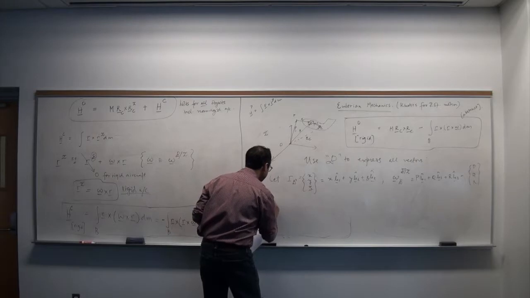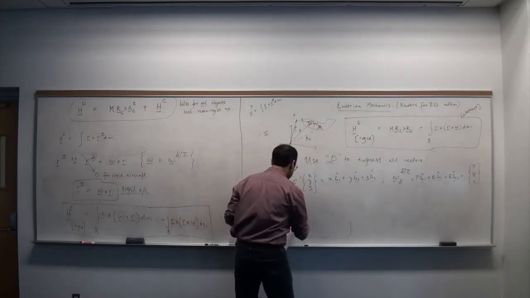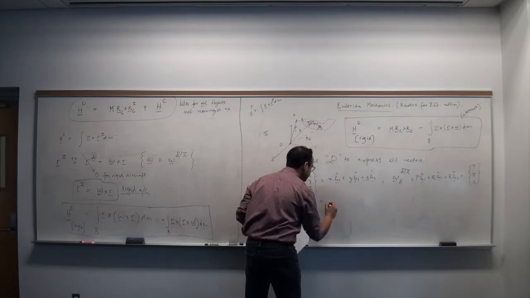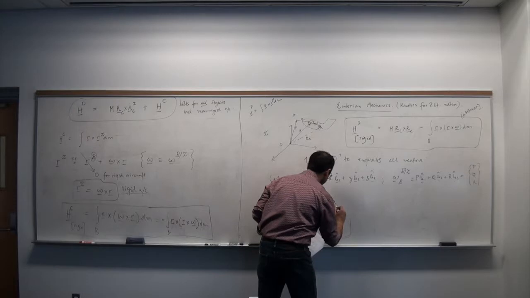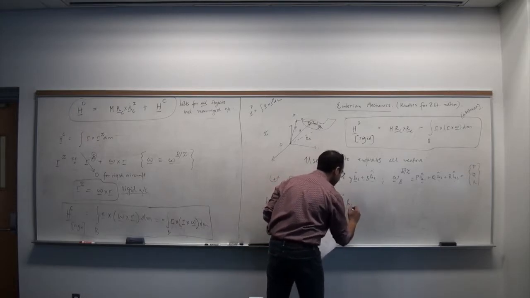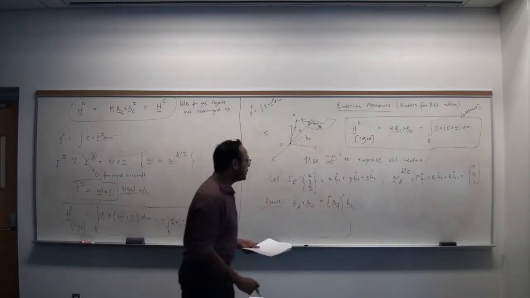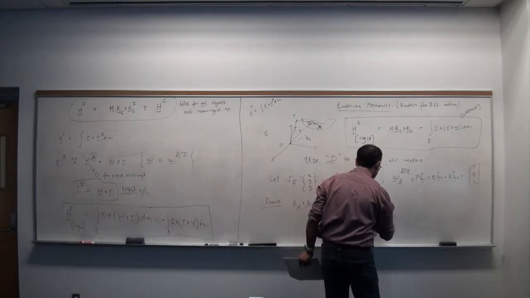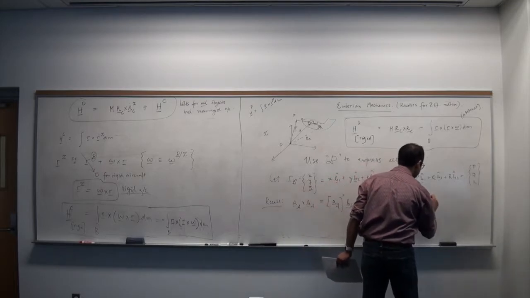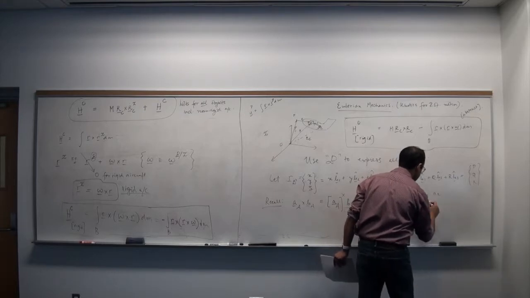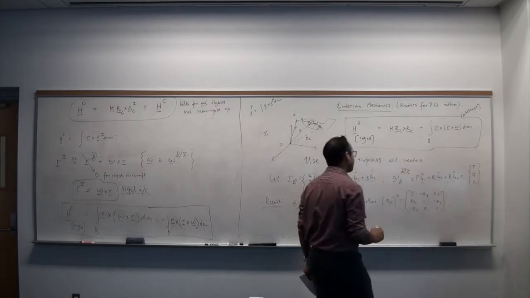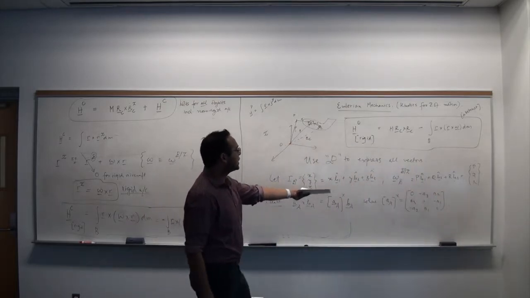Now recall that when you have this cross product, this is equivalent to the skew symmetric matrix associated with the a vector, where the skew symmetric matrix is... so we are going to use that trick here.